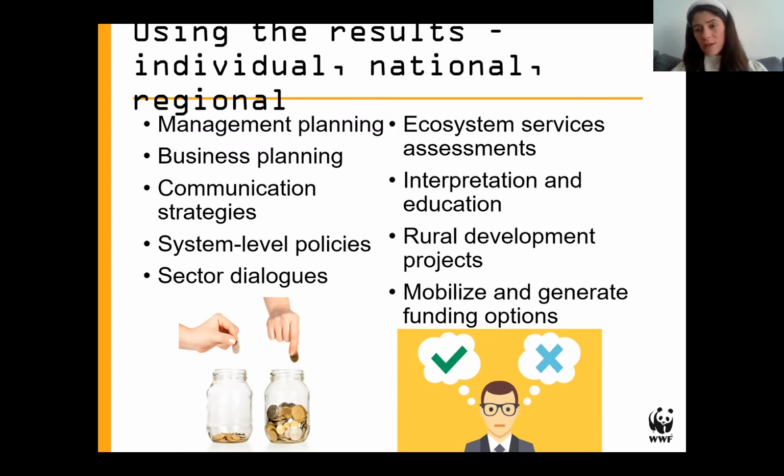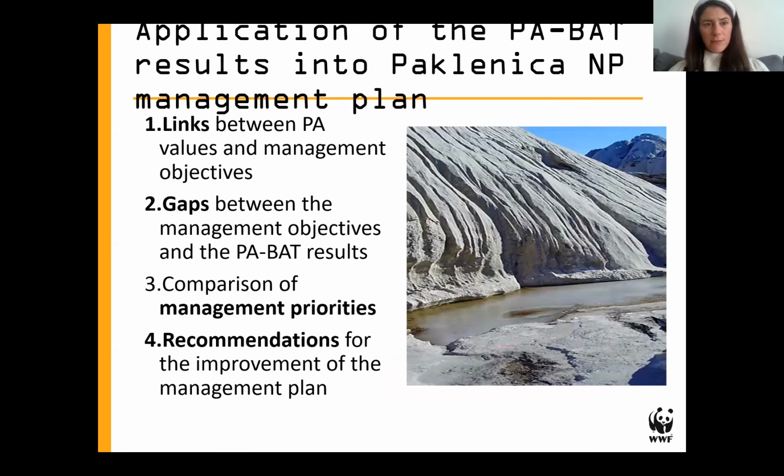Also for the initial ecosystem services assessment, so setting a baseline and perception. The results could be used for interpretation and education, seeing where the gaps in education of the local stakeholders are, rural development projects, and hopefully mobilizing and generating funding options.